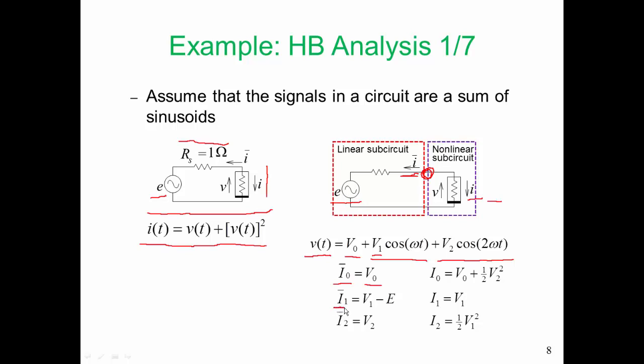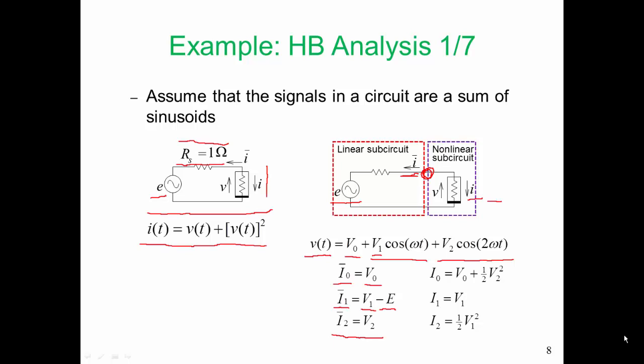At the fundamental, the linear current is equal to V1, the voltage phasor at frequency 1 at the interface, less the voltage source, and at the second harmonic, 2 omega, the voltage source looks like a short circuit, so the linear current is just equal to the linear voltage, and they're directly equal to each other because RS is just 1 ohm. I've kept things as simple as possible.